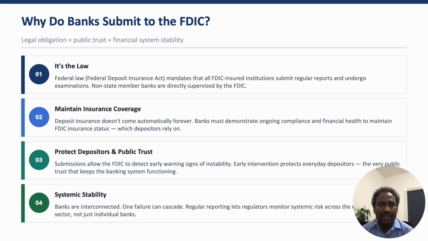Another important thing is systematic stability. Each and every quarter they see how much amount is deposited in the bank, how many loans the bank has given, how many assets they have, and how much fixed income or collateral they have.